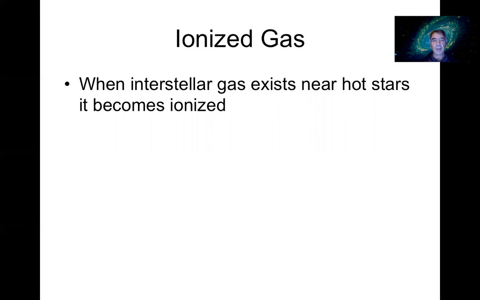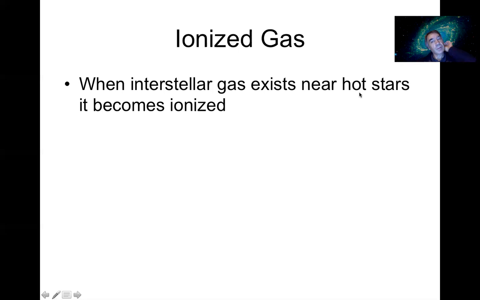Well, the easiest way to do it, if we think about ionizing hydrogen, is that we need to hit it with a photon that's energetic enough that it can strip the electron off the proton. And as we shall see, this is going to happen when we are near very hot stars.